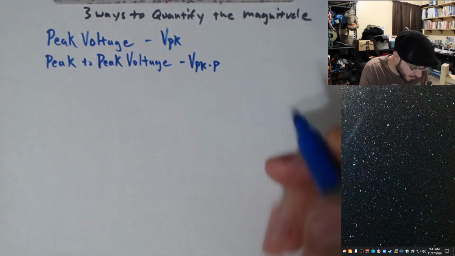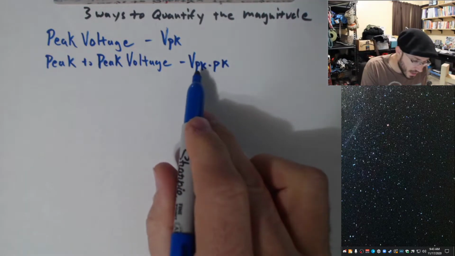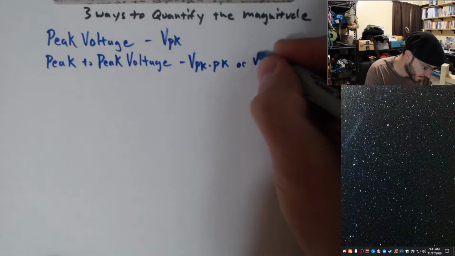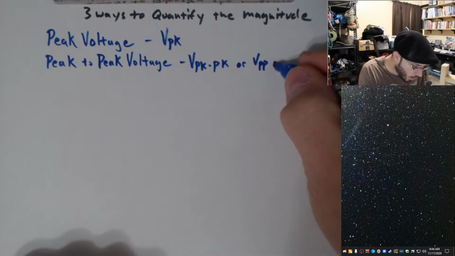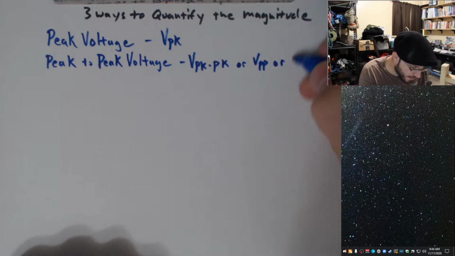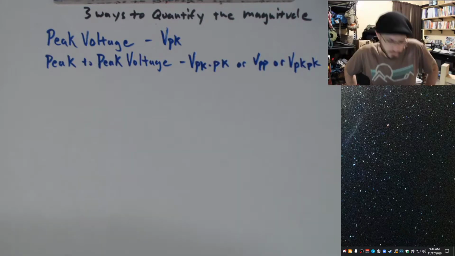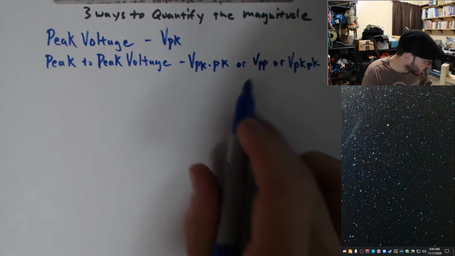Sometimes they put a hyphen between the two, or sometimes they just say VPP, or they'll leave the hyphen out and just say V peak to peak. They all mean the same thing. They're the peak to peak voltage.